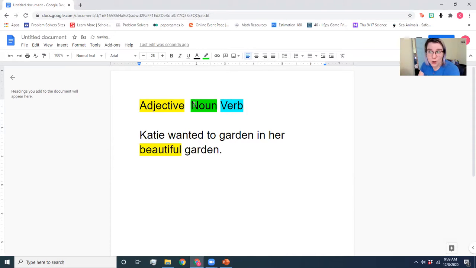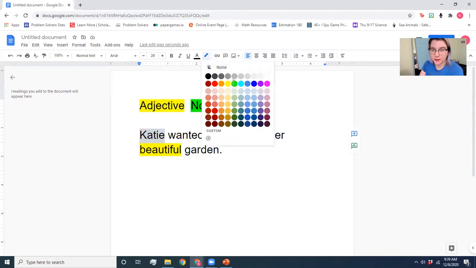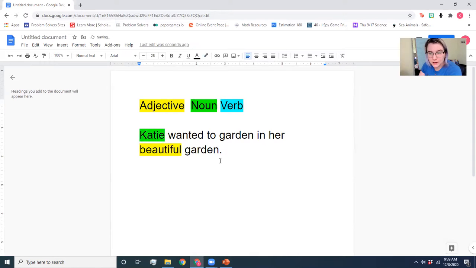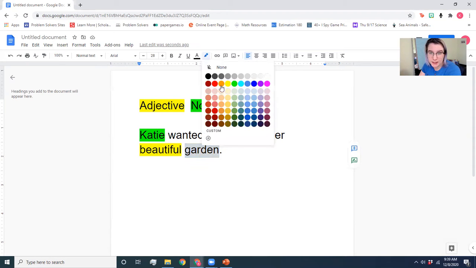Where is the noun? Remember, a noun is a person, place, or thing. So first off, I am a person, so this is absolutely a noun. And we know that this adjective is describing a noun, so I know that this garden is a noun.